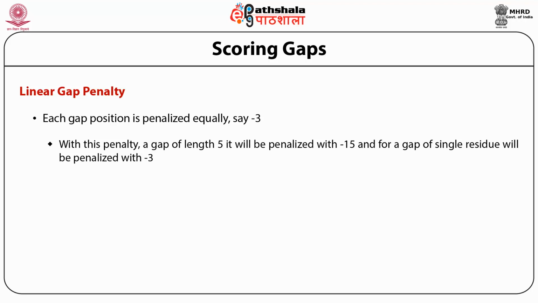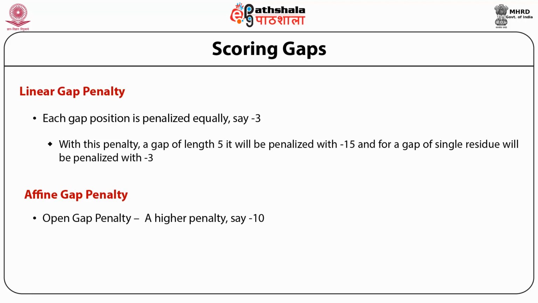On the other hand, if only one residue is deleted in the sequence, then the gap penalty score during alignment will be just -3. In an affine gap penalty model, on the other hand, there are separate gap penalties for opening a gap and then for extending the already opened gap. A higher penalty for having opened a gap and then a mild penalty for extending the gap of certain inserted or deleted residues.